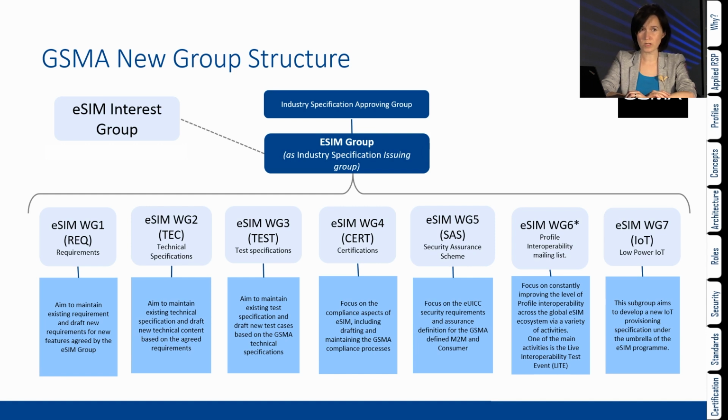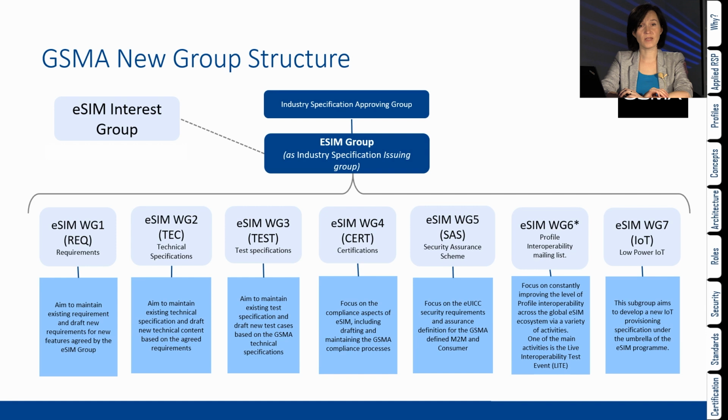The test group defines the tests according to the technical specification and the requirements, and checks if there are issues or things that are not testable. There is always communication with working group 2 or even working group 1, to see if these requirements are testable or not, if these features can be tested.